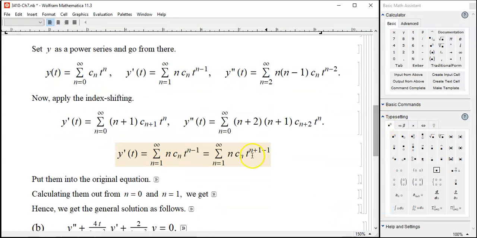Our focus is upon this index here. This n I replaced with n plus 1, so that n plus 1 minus 1 total is just the nth power. So what did I just do? n becomes n plus 1, so I have to do the same thing to all the others as well.